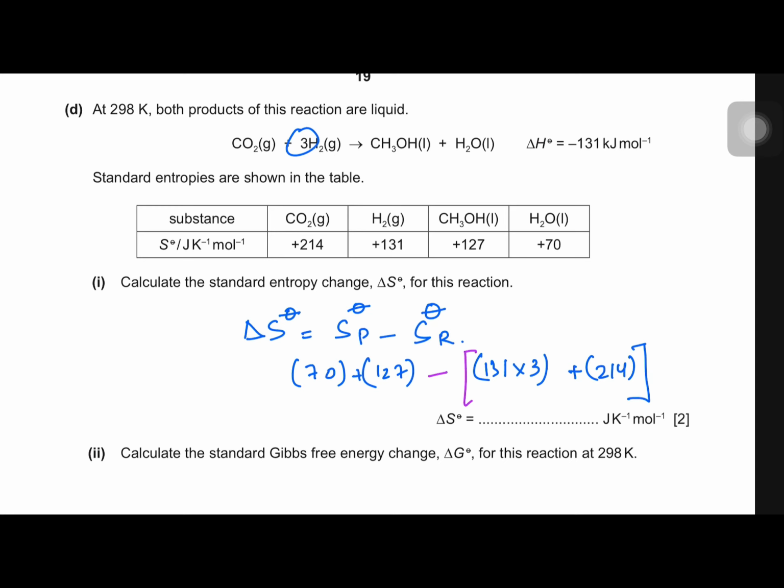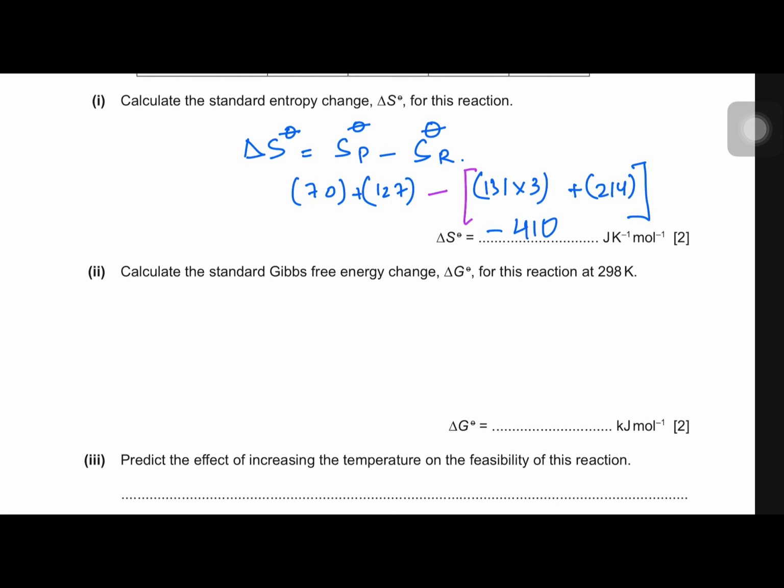When we solve it on a calculator, I'm pretty sure we are going to get plus 127 minus 131 times 3 minus 214, which is minus 410. So this is the value for entropy change.